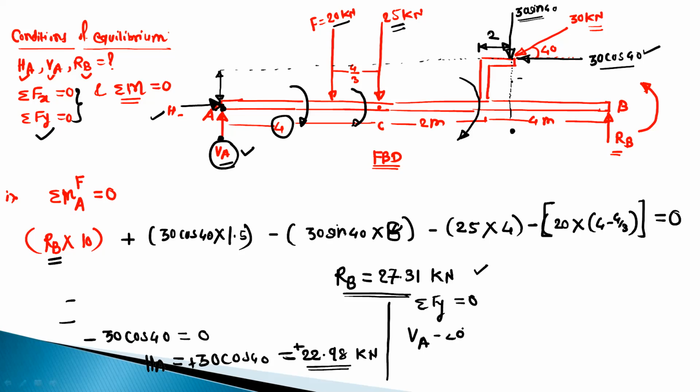So it is minus 20, then minus 25. Then next is minus 30 sin 40, and then plus this reaction RB, it is equal to 0. So in this equation, RB reaction is already calculated, which is 27.31. So this value is plus 27.31. Okay, so now solve this equation and find out the VA.